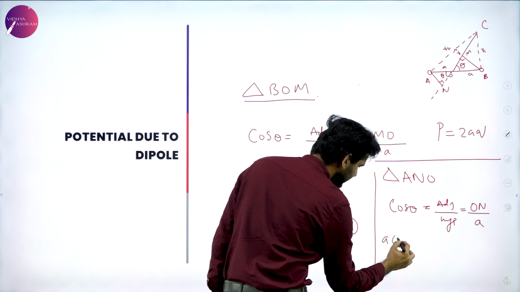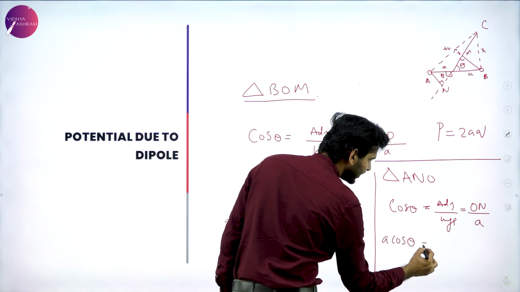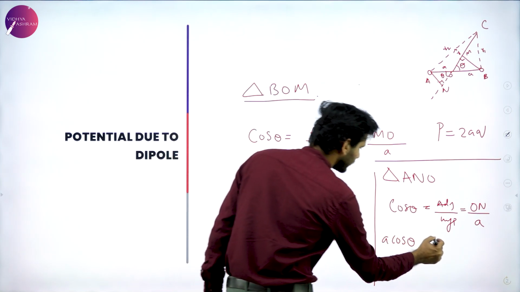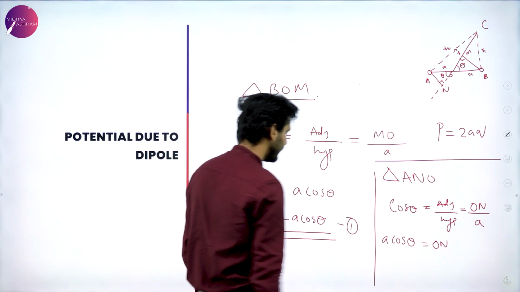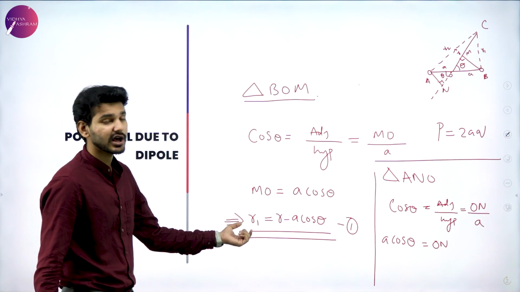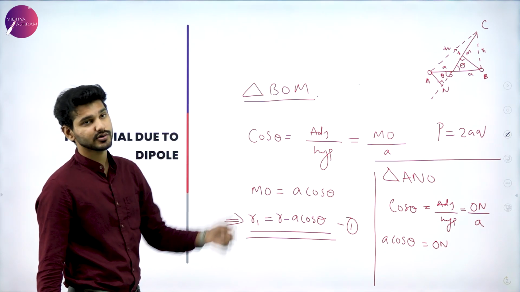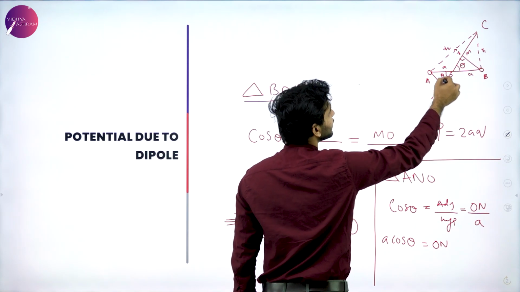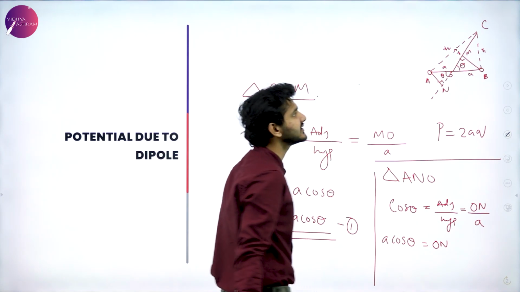So A cos theta will be equal to ON, but we want to find out in terms of R2, that is the distance R2. Same way, if we add this distance, it will be equal to the distance R2.